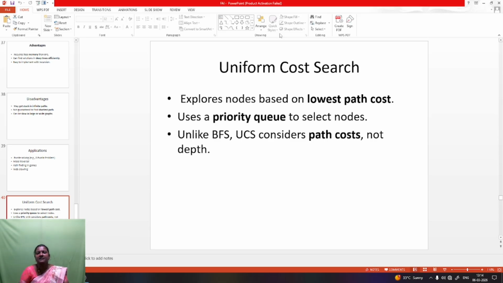Unlike BFS, UCS, the uniform cost search algorithm, considers path cost. It mainly works on the basis of path cost, so we call it the uniform cost search algorithm. Here we don't go through in a depth manner.